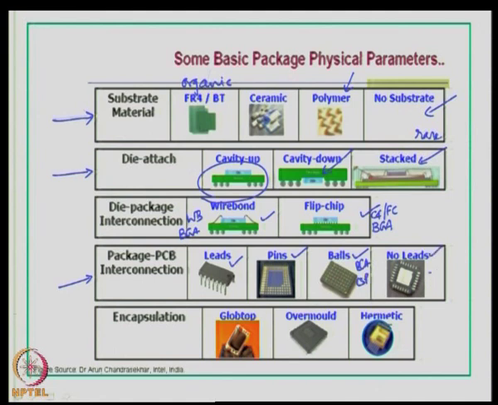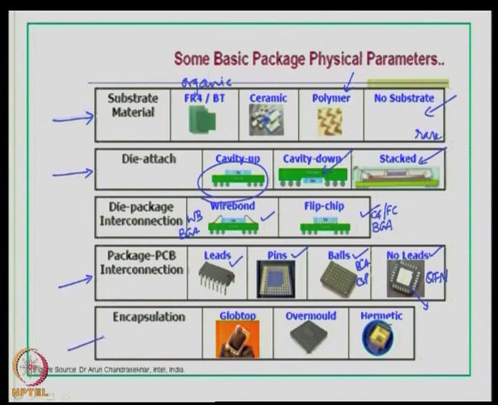This typically you will see in quad flat no lead packages. Here you can see that the electrical interconnects are typically flush with the package surface. So, you can't really see leads or interconnects protruding out of the surface of the package area.